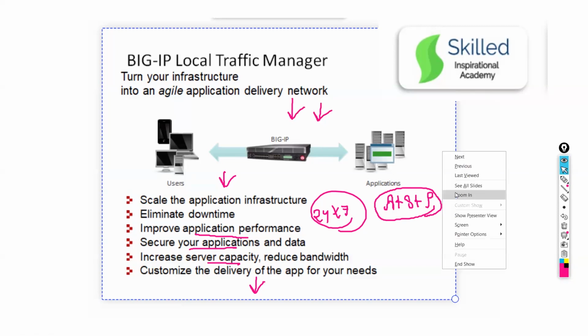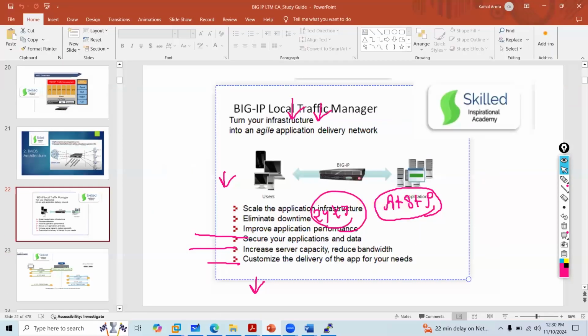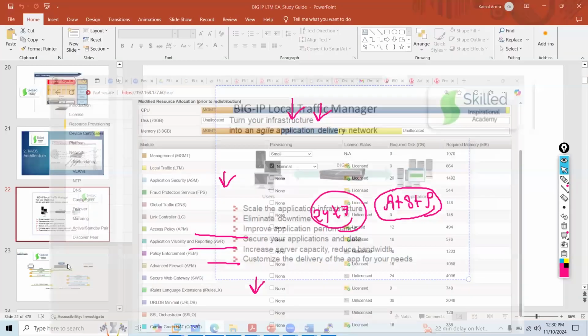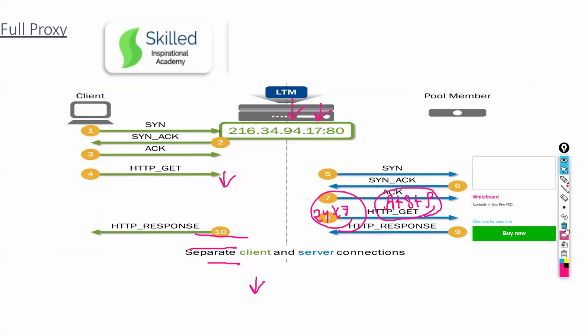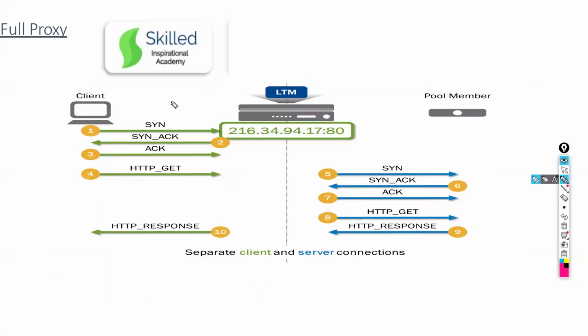Now, this was all about your architecture. And now let's talk about the traffic flow, the TCP handshake. So you have a client, you have a virtual IP, and it's listening on your, let's say, website sianets.com.